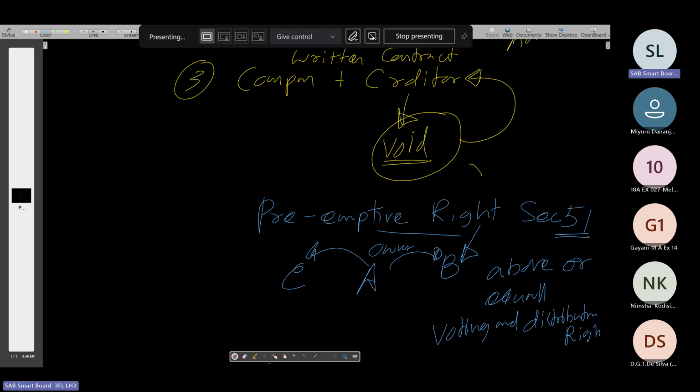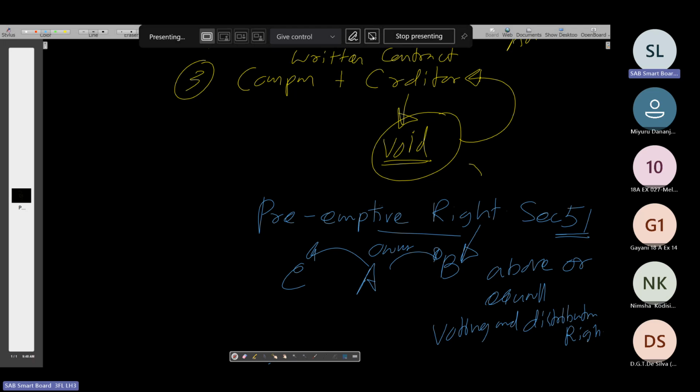the first choice must be given to the existing shareholders, in order to maintain the voting and distribution rights of the existing shareholders.